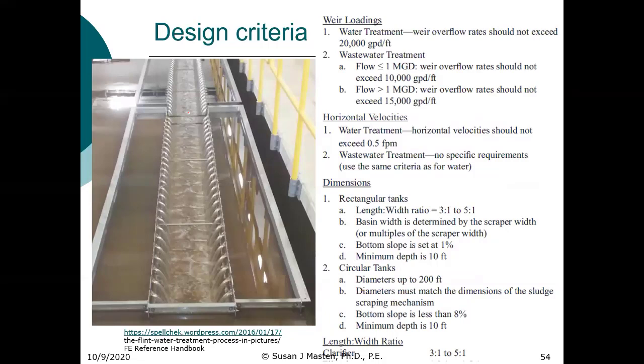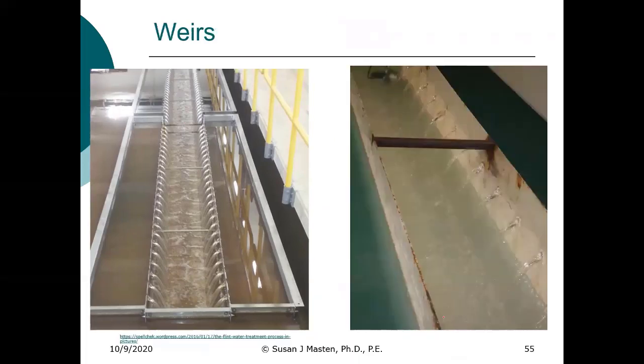Think of it as an open channel with weirs on the side, allowing the water to collect into that weir, and then it would be transported to a central channel. This is another launder, in the picture on the right, in the secondary clarifier in the East Lansing plant.